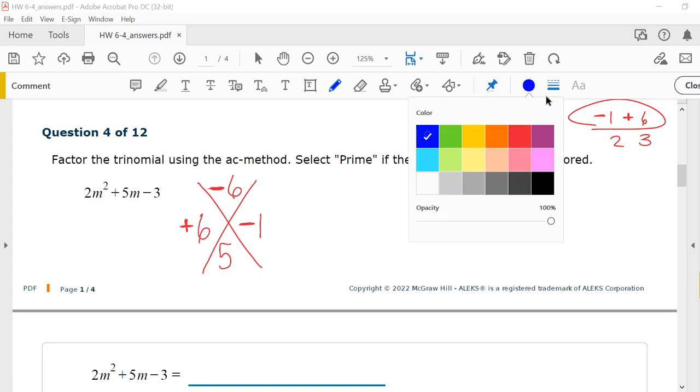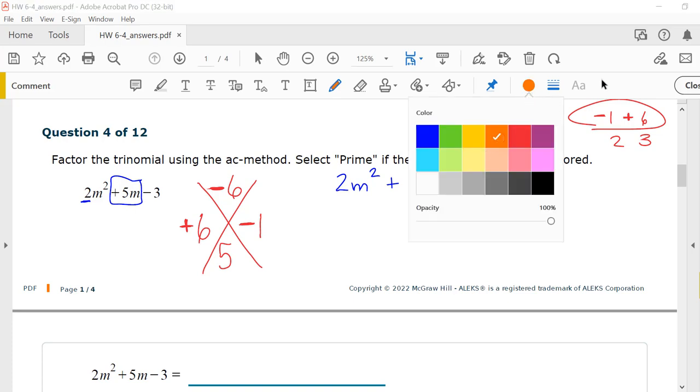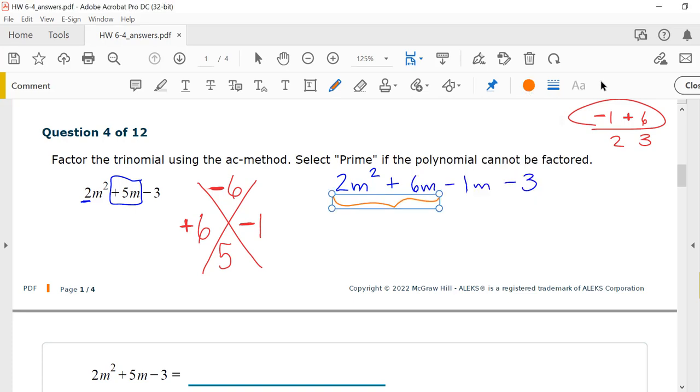All right, because this is not a 1 leading coefficient, I have to go factor by grouping. So I need to rewrite, and instead of writing plus 5m, I'm going to write plus 6m minus 1m. And then I also have to write minus 3. Now remember, last section, instead of trial and error, this is what I taught you to do.